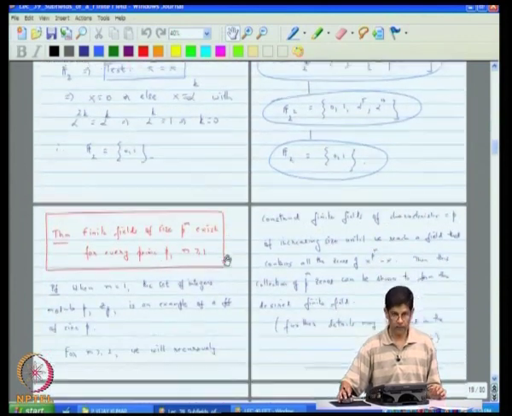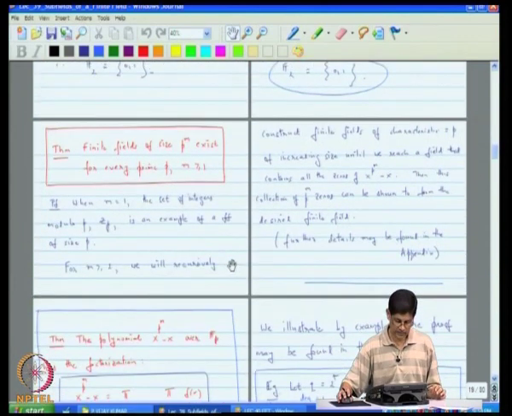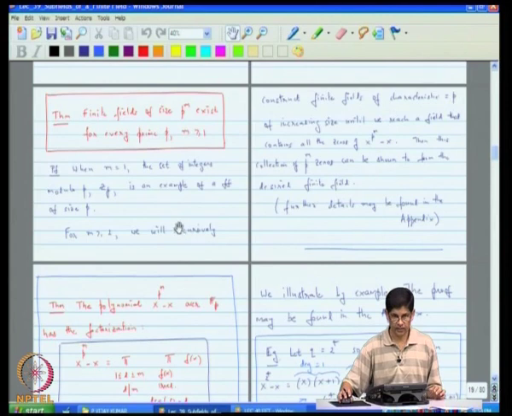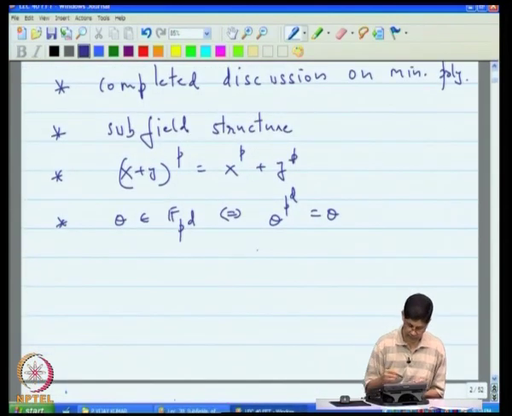And then I sketched very briefly the proof that finite fields of every size p to the m exist for every prime p and every m greater than or equal to 1.